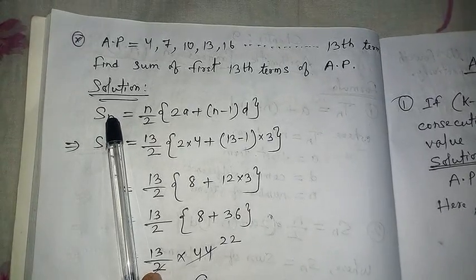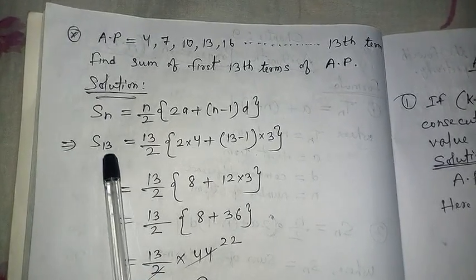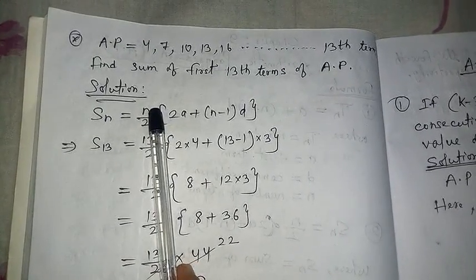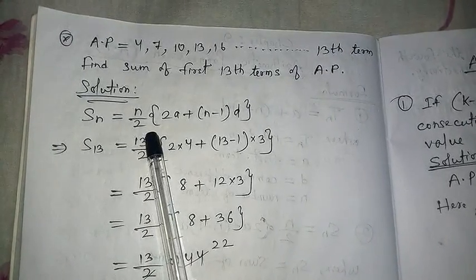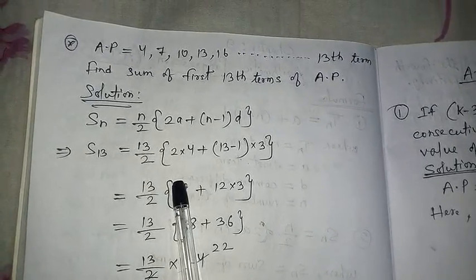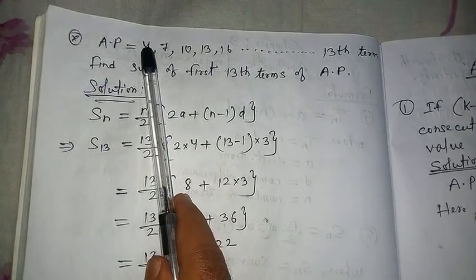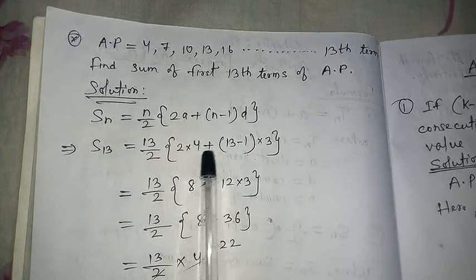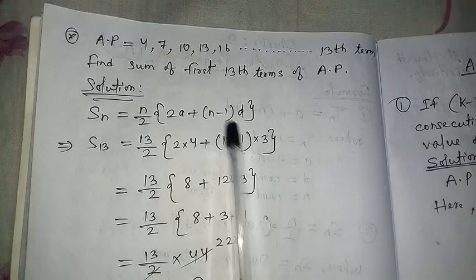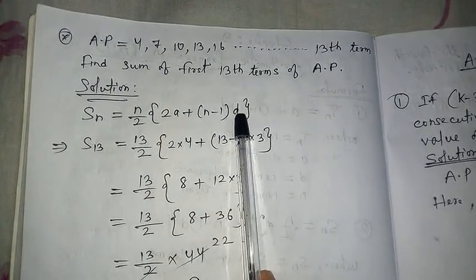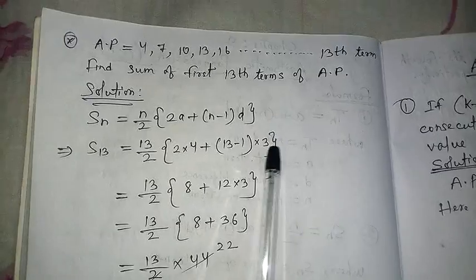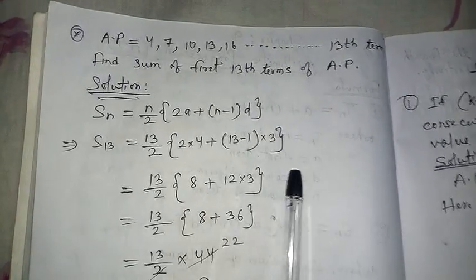Now as we have to find the sum of 13 terms, so S13, and n will be 13 because the number of terms is 13. 13 by 2, bracket open, 2 into 4 because the first number a is 4, plus (n minus 1), n means the 13th term, so 13 minus 1, into the difference, second minus first, that is 3, since 7 minus 4 is 3.